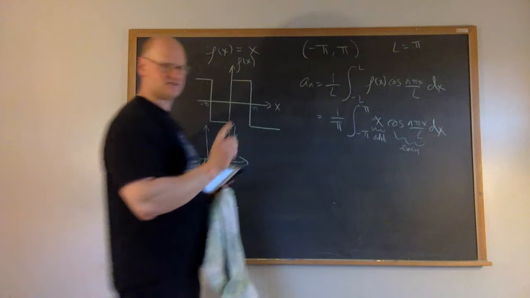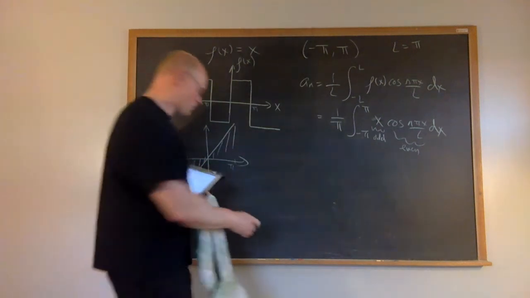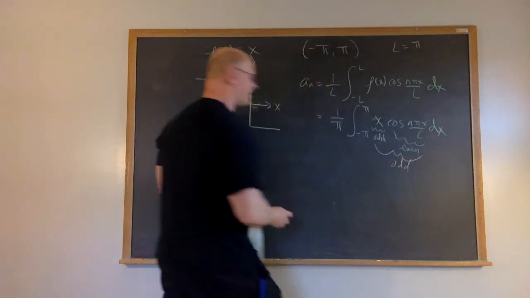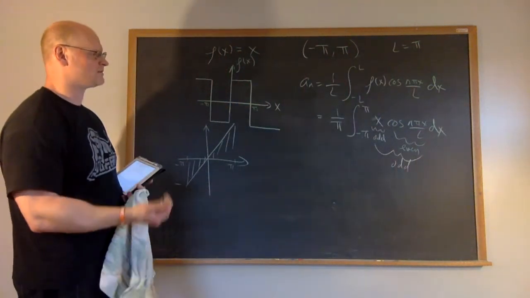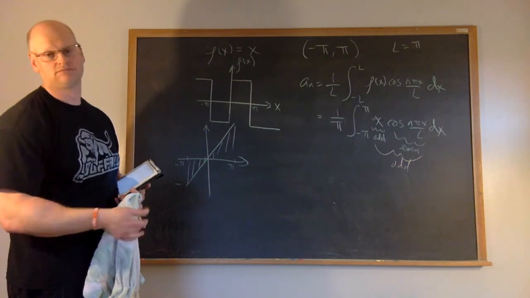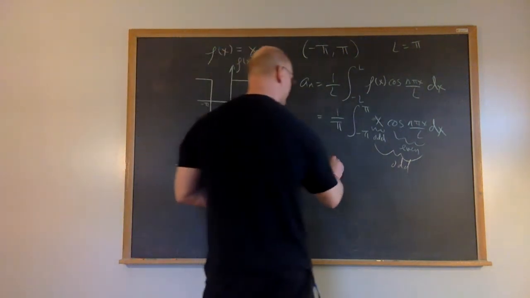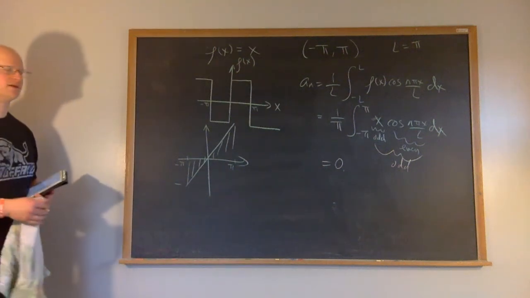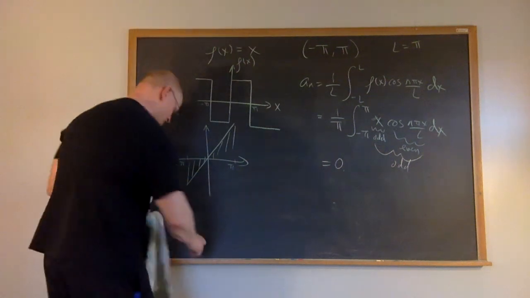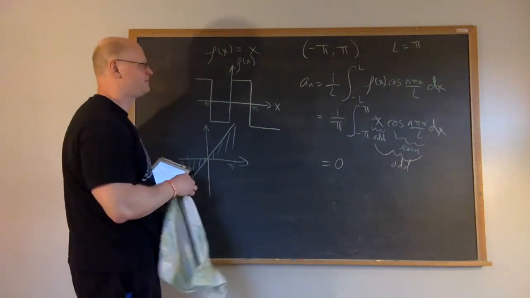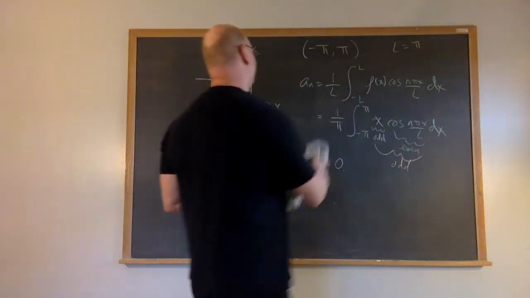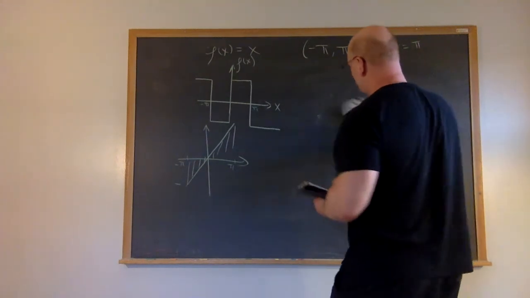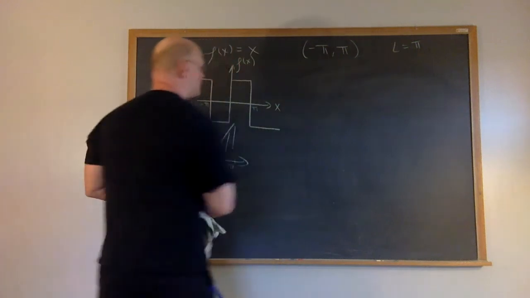But if I take an odd function times an even function, that gives me an odd function. So overall, this entire function is odd. So again, if I integrate this function over the range of the period, this is simply going to give me 0. So automatically, I know all the ANs are also 0. Now I don't have to do integration by parts and figure out what this thing actually looks like. So that saves me about 5 minutes, maybe. So good. Or at least saves me some typing in Mathematica, so that'll work as well.